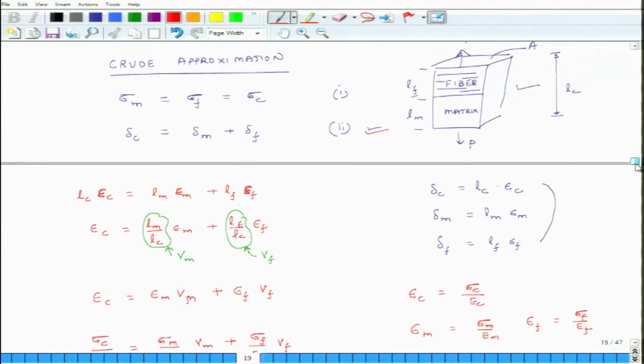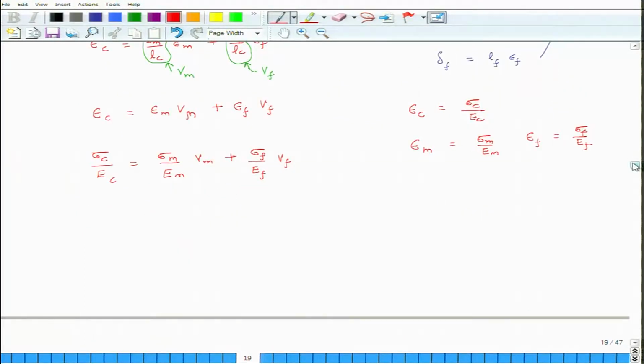But we said sigma m equals sigma f equals sigma c. So I can write 1 over Ec is equal to Vm over Em plus Vf over Ef.